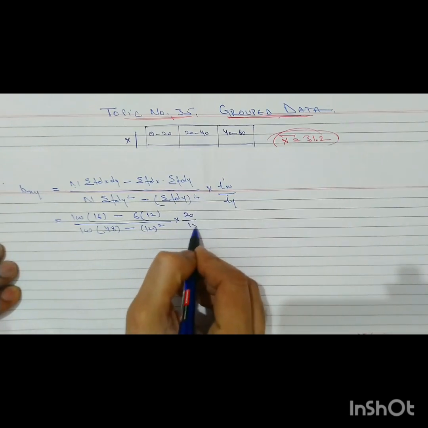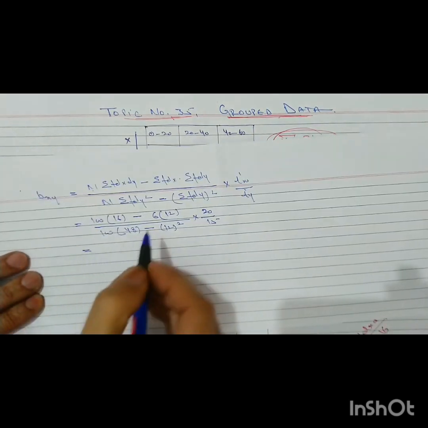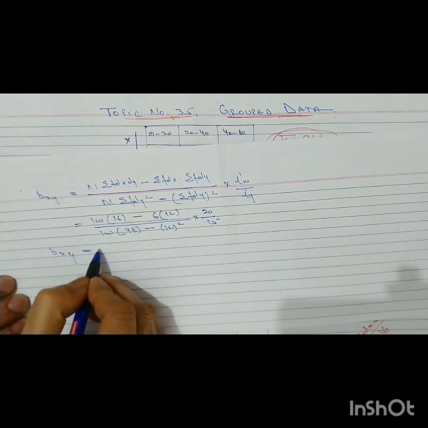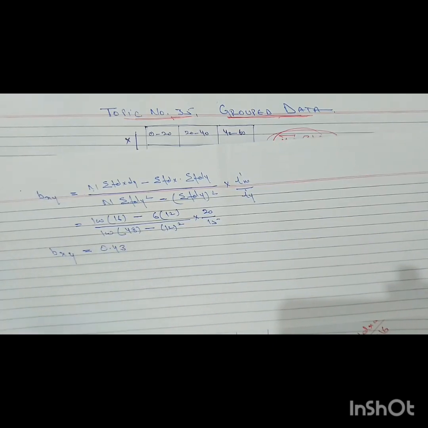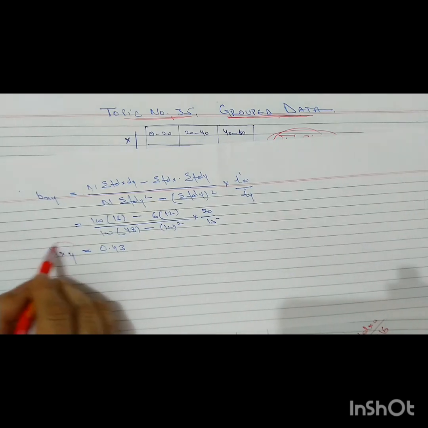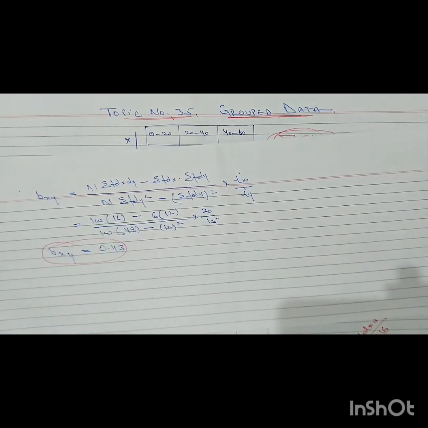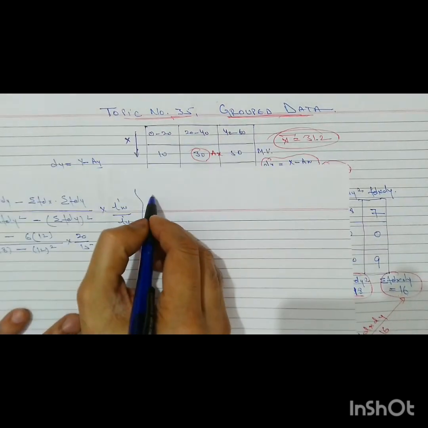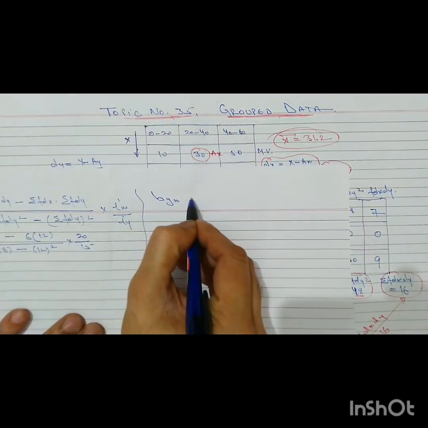20 by 15. By calculating all this, we get bxy equals 0.43, the regression coefficient of x on y. In the same way, the regression coefficient of y on x.